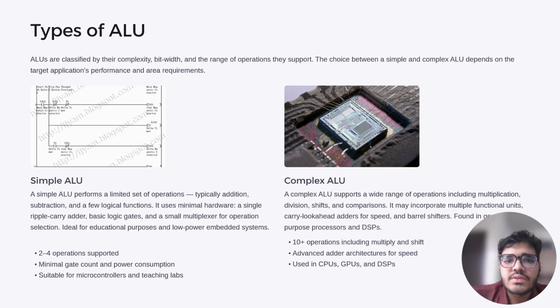A complex ALU supports many operations like multiplication, division, and shifting. It uses advanced designs, and it is found in modern CPUs and GPUs. So in our laptops, we use complex ALUs.